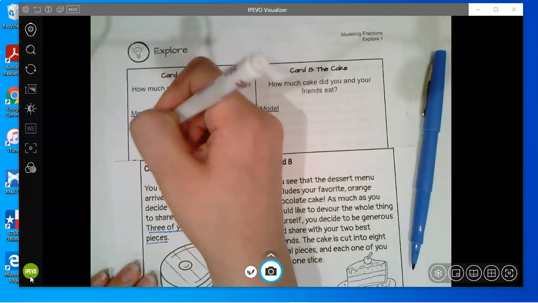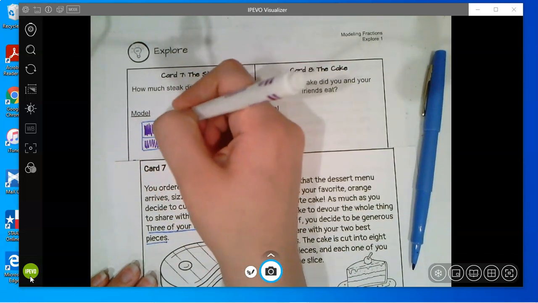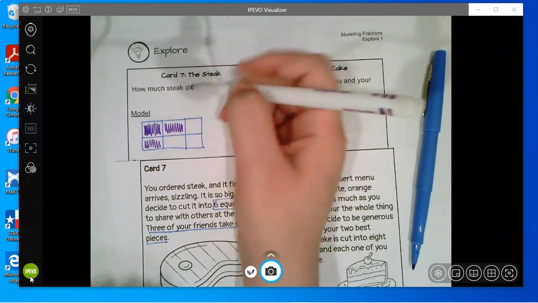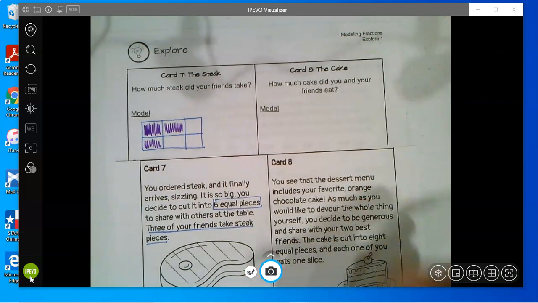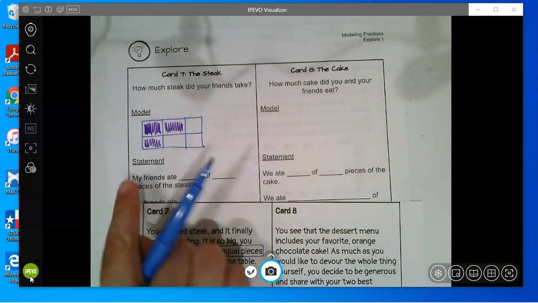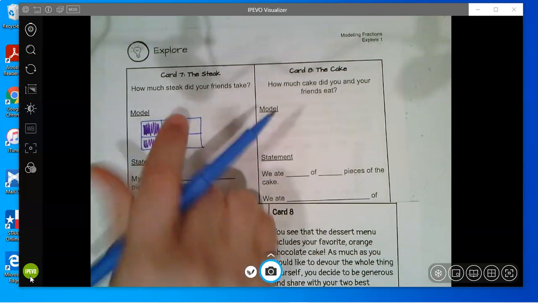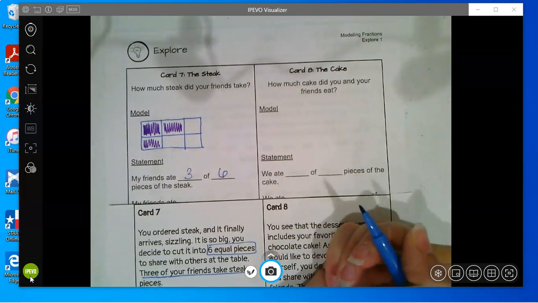So I'm going to color in what they take. 1, 2, 3. So they took 3 pieces. Okay, so I want to know how much steak did your friends take.